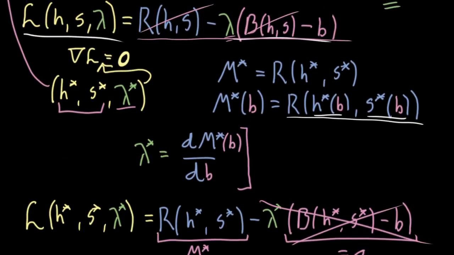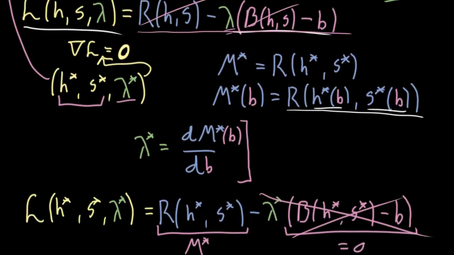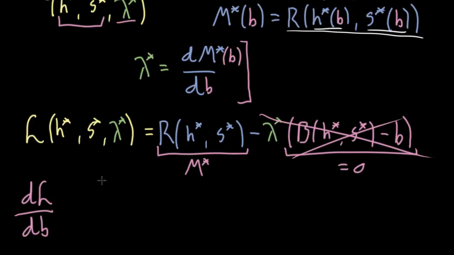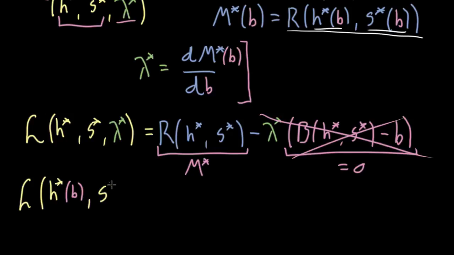So if you really want to consider this to be a function that involves b, the way we should write this Lagrangian is to say it's a function of H star, which itself is dependent on b, and S star, which is also a function of b, right?